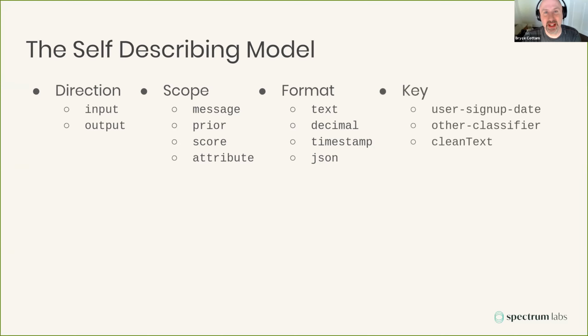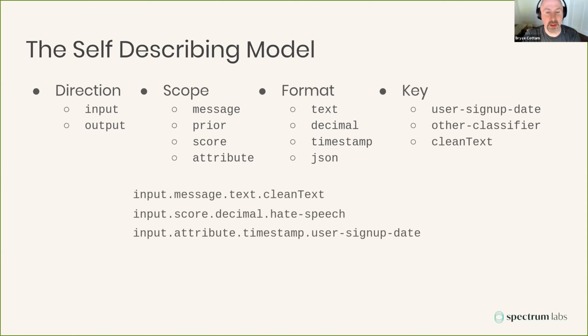Then the last one is the key, the specific identifier for the piece of information that the classifier wants. So this might be the metadata user sign-up date or the name of some other classifier to read the output of. So some concrete examples are, I want the input from a message. I want it to be formatted in text, and I want it to be the clean text.